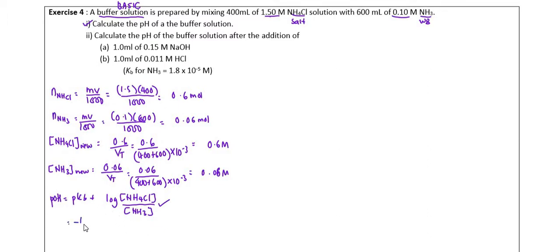Okay, pKb is negative log of 1.8 exponent negative 5, plus log of the new concentration of NH4Cl, 0.6, over 0.06, and then you settle down and you get 5.745.